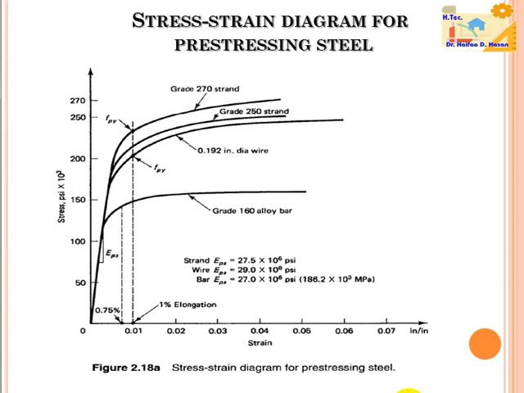Straight wires generally show the highest modulus, while the modulus of a prestressing bar is smaller. We can see the modulus of elasticity for each type here.